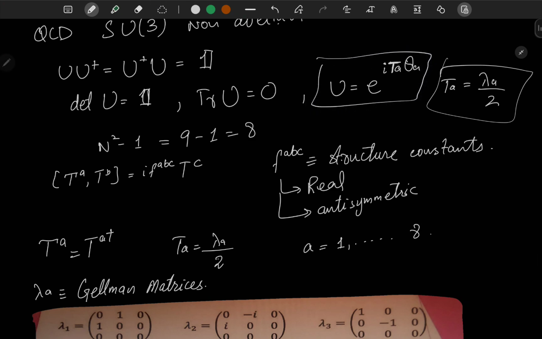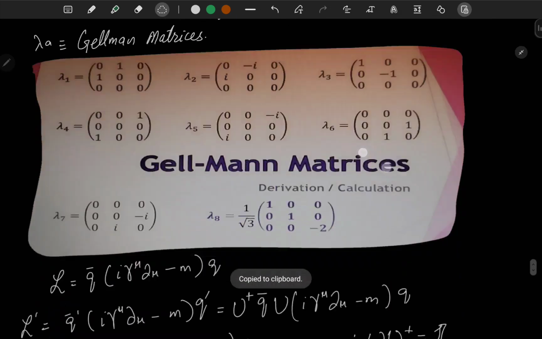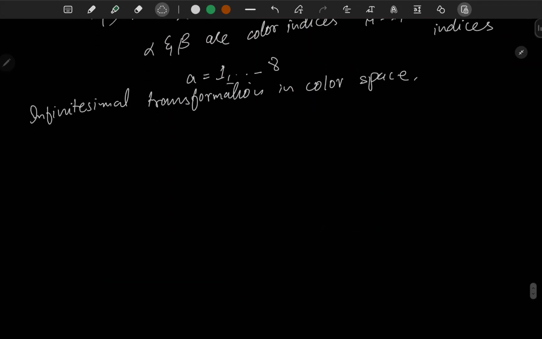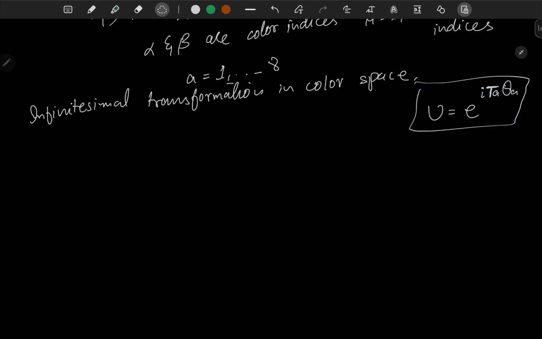So I'm going to copy it from here and paste it here just in order to remember. So what I'm going to write is the infinitesimal transformation in color space.